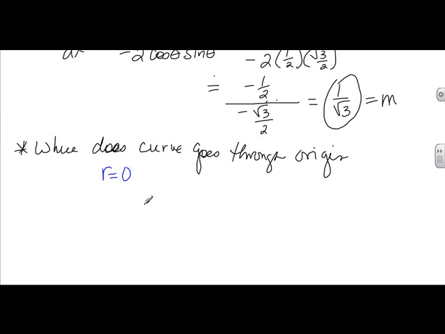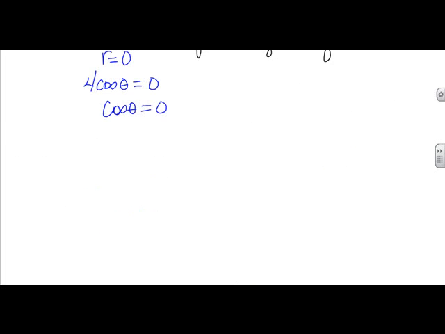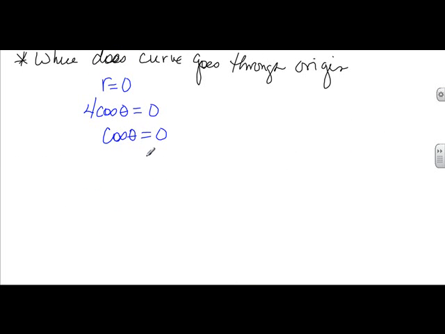So set 4 times cosine theta equal to 0 and solve for theta. Think about the unit circle, and we know that cosine is 0 here and here. So that corresponds to angle measurements of pi over 2 and 3 pi over 2 if we're talking about the interval from 0 to 2 pi, and others, anything coterminal with pi over 2 and 3 pi over 2.